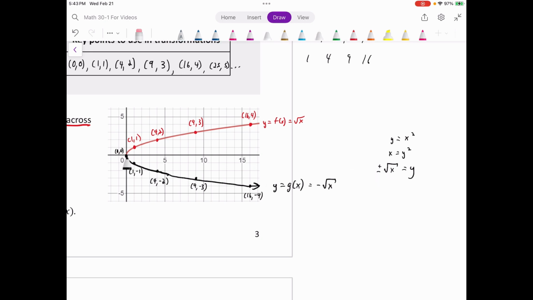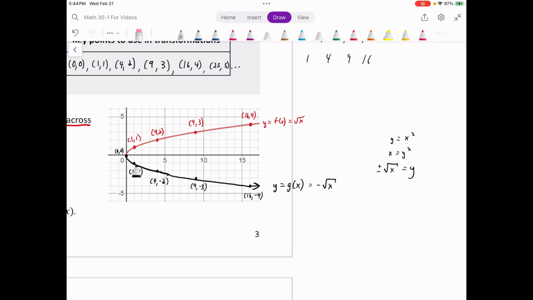Notice this negative part, y equals negative root x, that's the bottom part. This y equals positive root x is the positive part. So it actually checks out. We've seen this before, this y equals negative root x. It's the bottom half when we take the inverse of a parabola. The inverse of x squared was y equals plus or minus root x. We can see how that gave us that parabola shape.